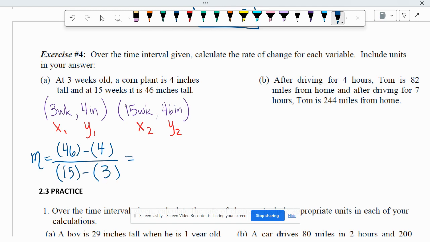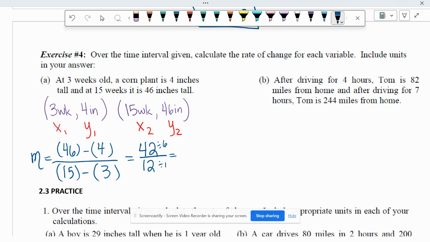So 46 minus 4 is 42, and 15 minus 3 is 12. Can we reduce that? What do you want to divide by? Yeah, let's divide by 6. They're both even.